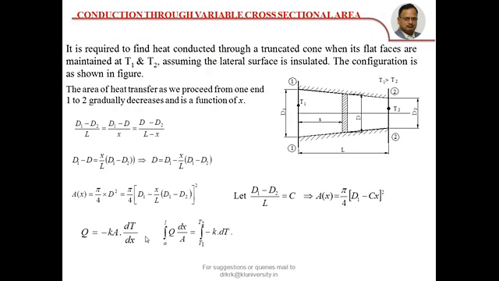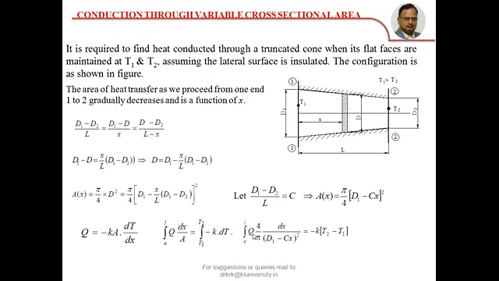So take dx and A together to the left hand side: minus K dT. Integration of dT is T, K is a constant. We are assuming it is not a function of temperature. So minus K into (T2 minus T1), and this area is pi by 4 (d1 minus Cx) whole square.